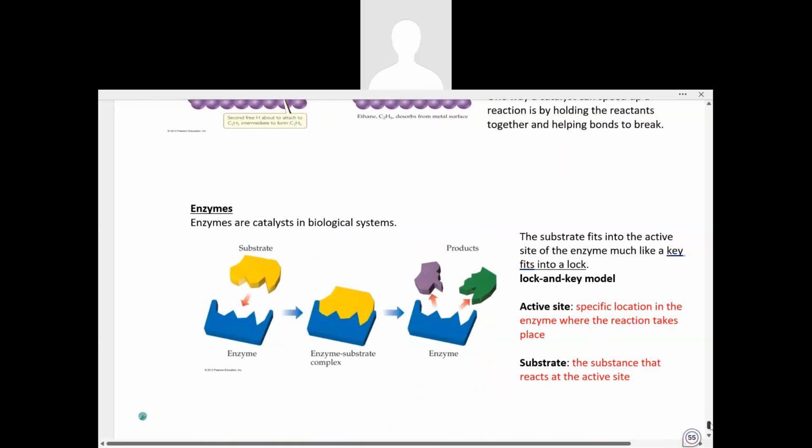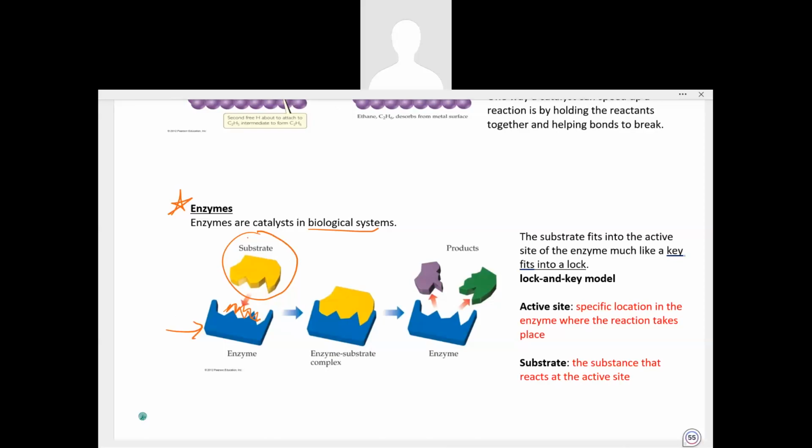And the last bit of information we should take note of is that a special type of catalyst, a biologic system catalyst, is an enzyme. And in this model here, we have the enzyme shown as blue, and what's referred to as the substrate, which is the substance that will react at this site here, which is referred to as the active site.